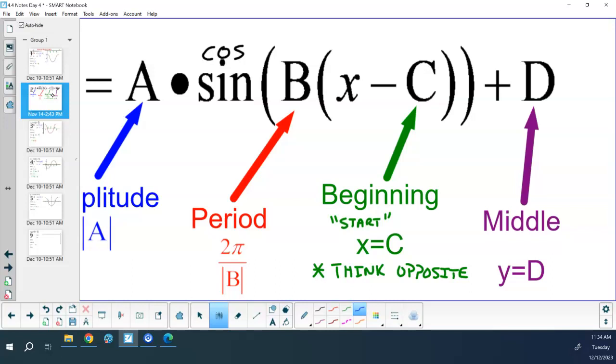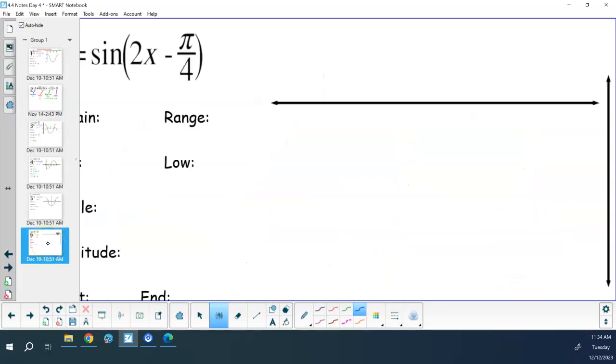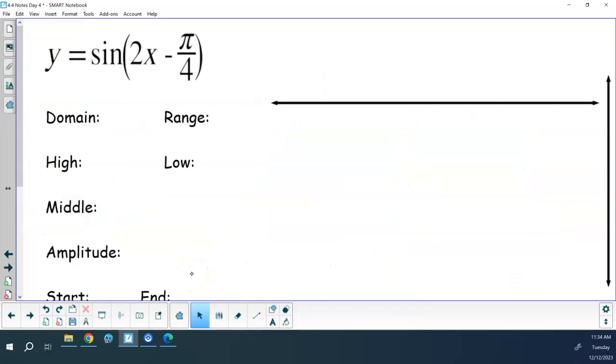It's outside that inner set of parentheses, right? Okay? Do we have B outside an inner set of parentheses? No. So in order to graph this one, we have got to get B outside an inner set of parentheses.